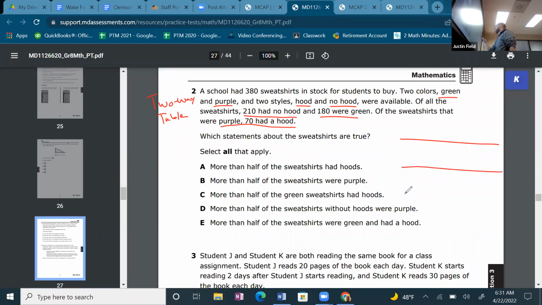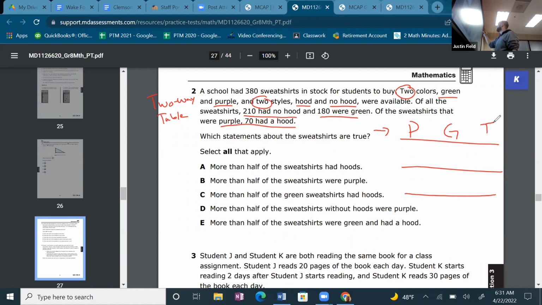A two-way table is because we have two styles and two colors. So if you have a 2x2, then you can set up a table where, let's make the top of the table our colors. So we have purple and green. And then if we add the colors together, we get the total shirts, right? If you add all the purples plus all the greens, that's the total.